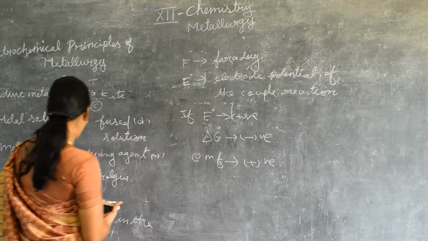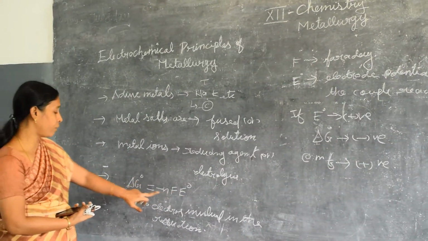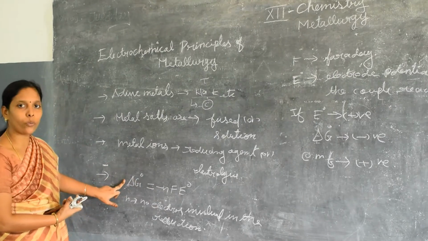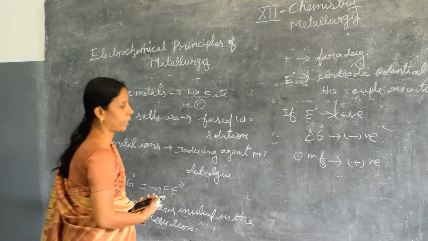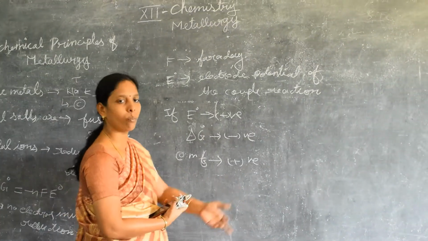So when E naught is positive, delta G naught is negative and the EMF value is positive.